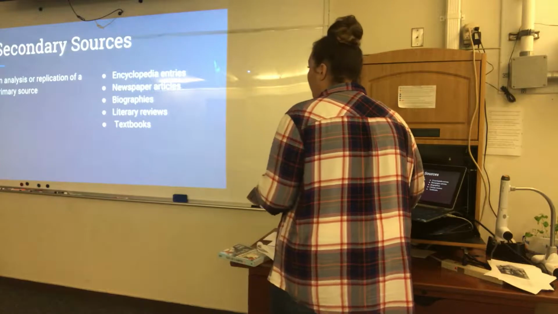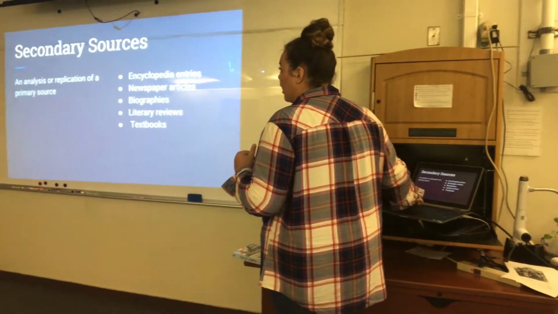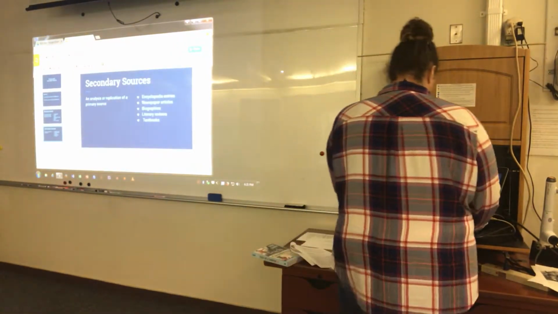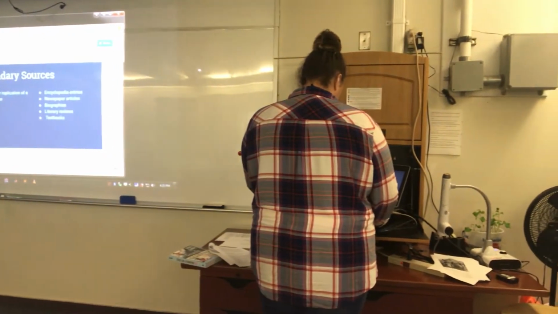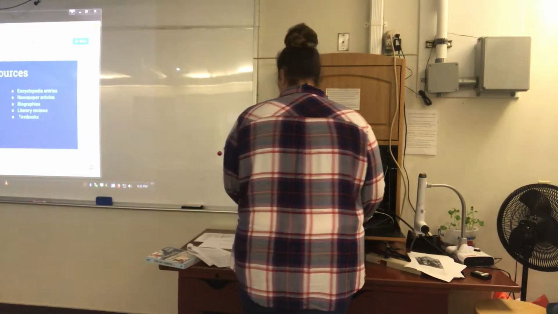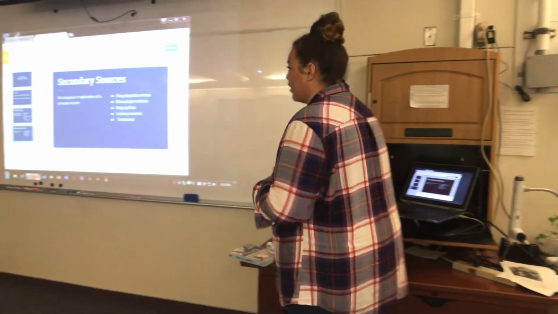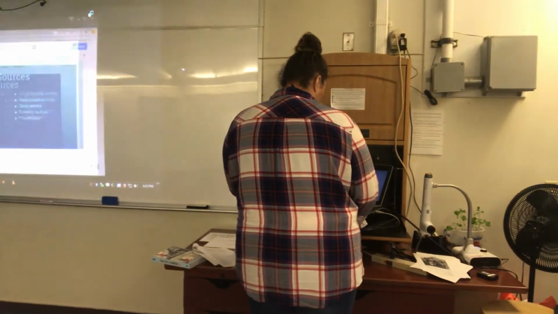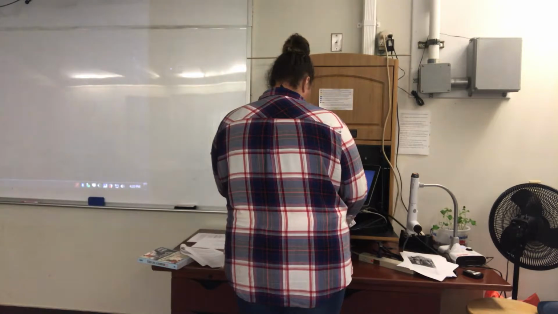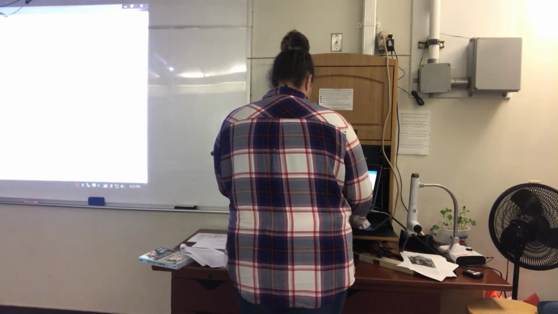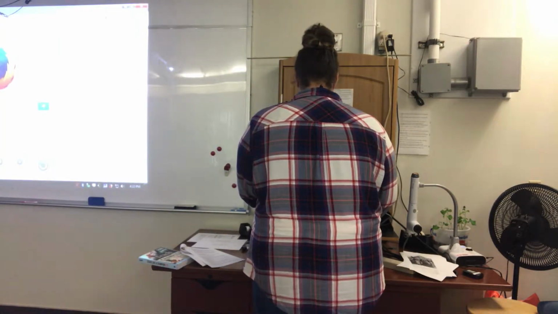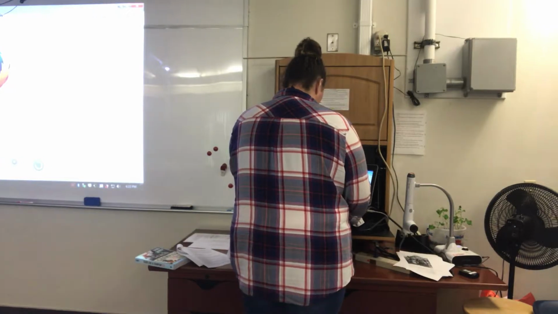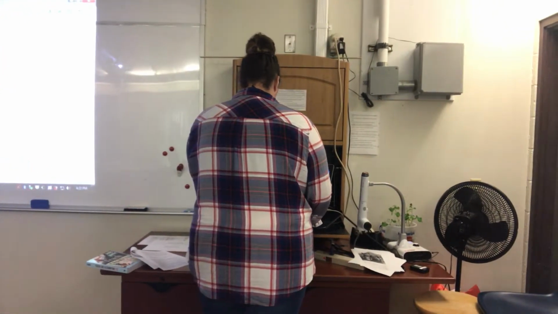Okay, so now I'm going to show you how to decipher between primary and secondary sources. I'm just going to start off with an easy search. I'm going to go to Google.